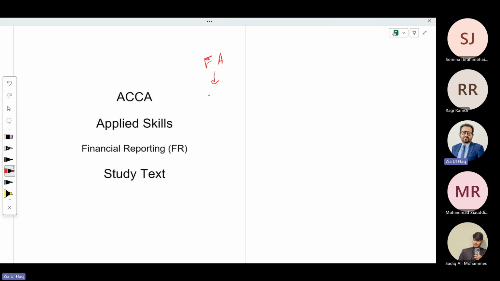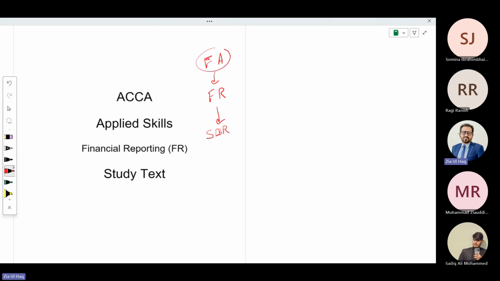Now we are moving towards financial reporting, where we will learn some accounting standards and how to prepare accounts based on those accounting standards. And then you will move towards the advanced level accounting paper, that will be SBR. After studying these three papers, you will become expert in the accountancy field.